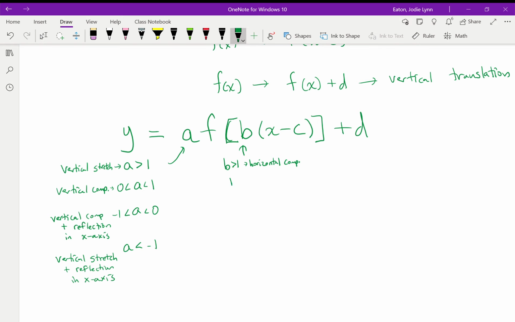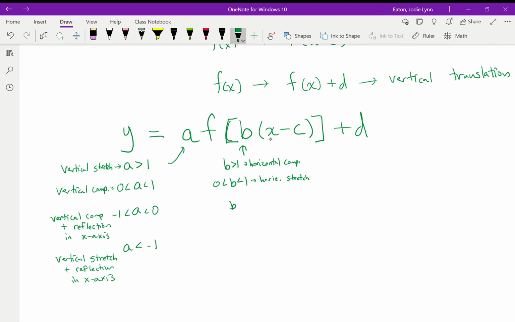And if we have b between 0 and 1, we get a horizontal stretch. So that's actually like slowing it down. Things are just not happening as quickly if you're kind of walking along the function.